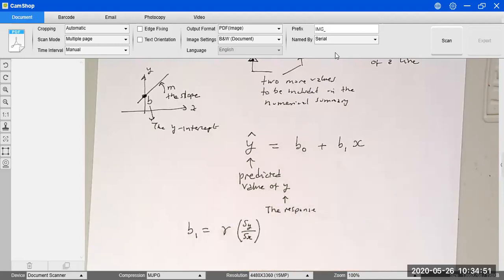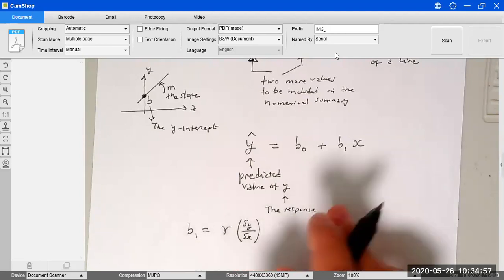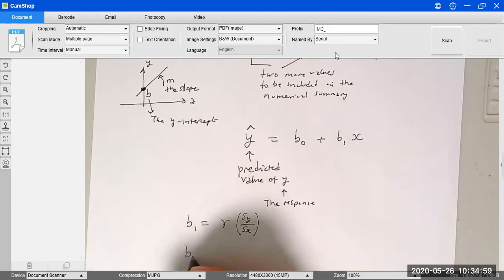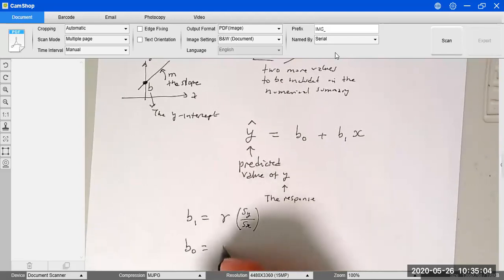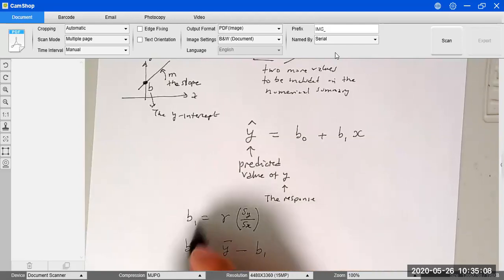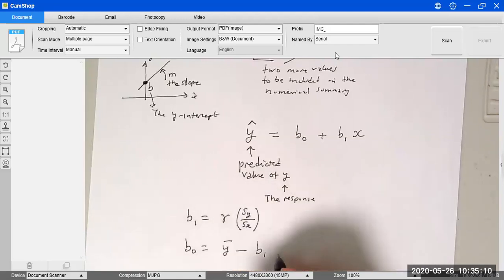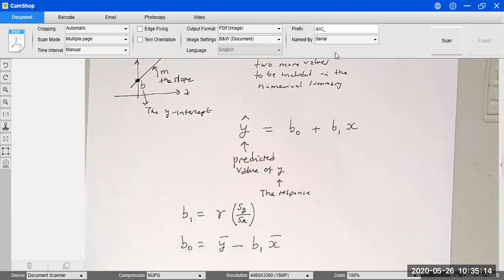So you multiply the ratio of standard deviations and the correlation coefficient, and then you're going to get the slope for the line. Then the y-intercept b naught is going to be the mean of y minus b1, which is the slope of the line, times the mean of x. So that is going to be the formulas that we're going to use.